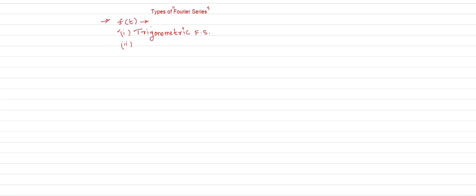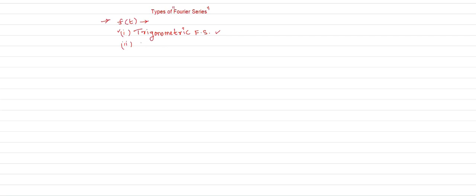Because here the sine and cosine functions are associated with some weights. That is called the linear combination. So that is our trigonometric Fourier series.